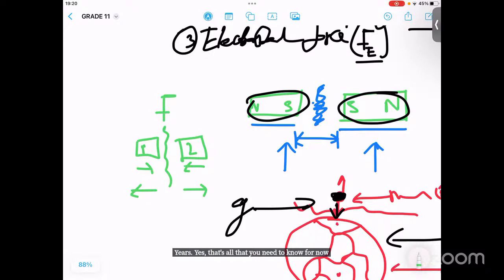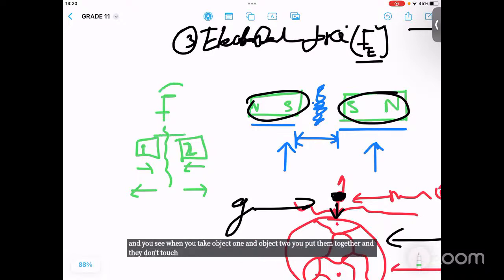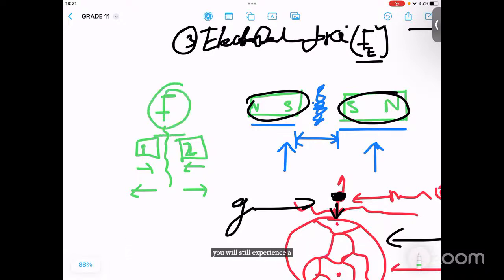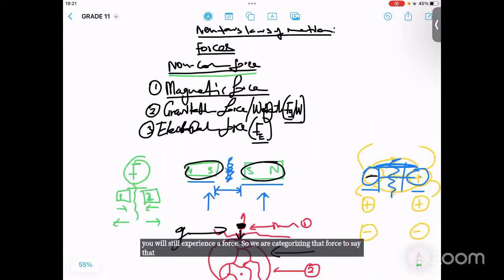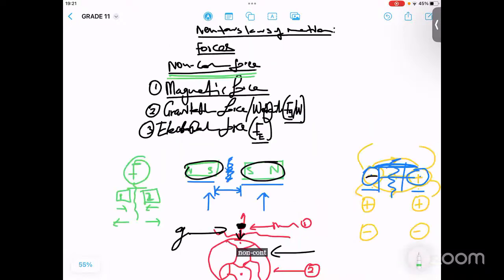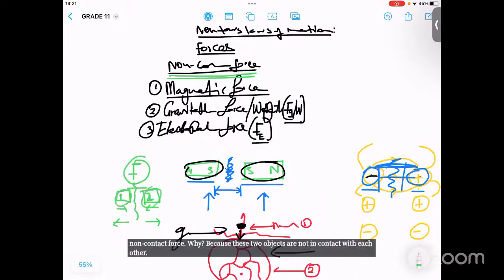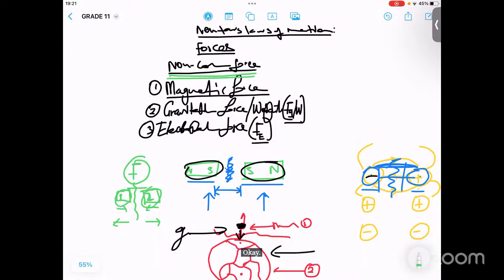When you take object 1 and object 2 and put them together and they don't touch, you will still experience a force. So we categorize that force as a non-contact force. Why? Because these two objects are not in contact with each other, but there is a force in between.